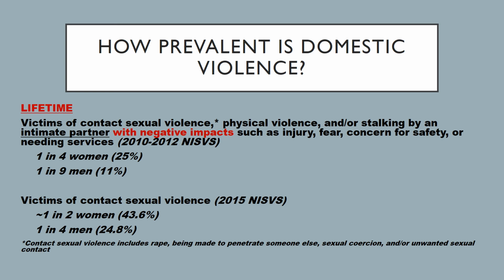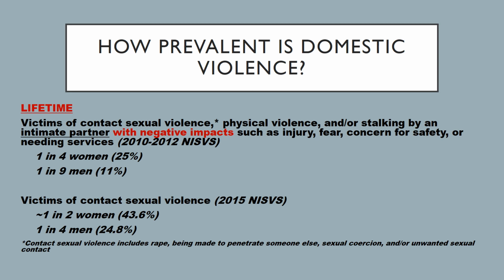So let's look at lifetime prevalence of domestic violence. All right, and this is, once again, you'll notice when I define things, I try to be as clear, straight from the source, because it's important that we make sure how exactly they measure these things. So looking under lifetime, we see here victims of contact sexual violence, which is defined down at the bottom of this slide.